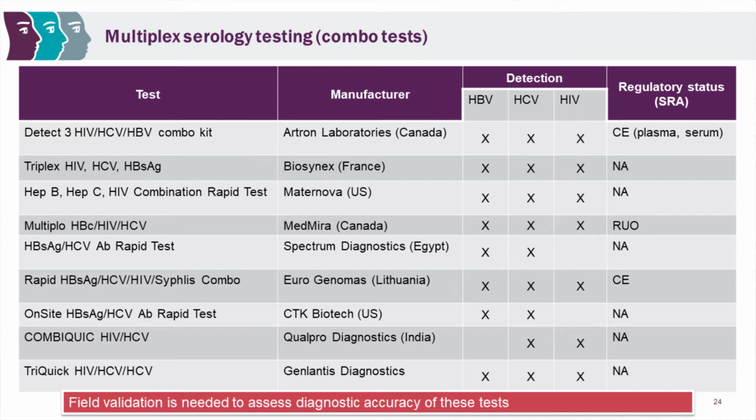Now, field validation is needed to assess the diagnostic accuracy of these tests. And what that means is that independent organizations, not the manufacturer, but rather independent organizations, need to do studies and trials on these tests to understand the sensitivity and specificity, the performance of the test among all three diseases that they test for.